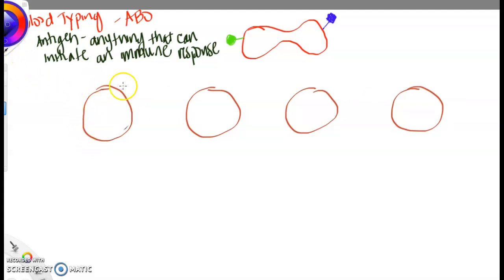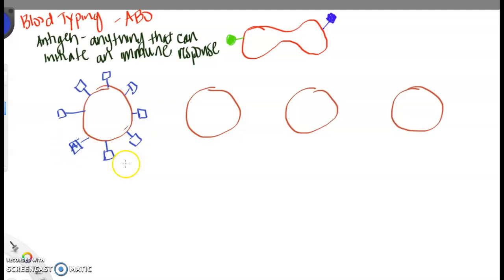Some of us have one type of antigen that we call the A antigen. So if you have the A antigen on your blood cells, you are type A. You've got type A blood because you have A antigens on your blood cells.